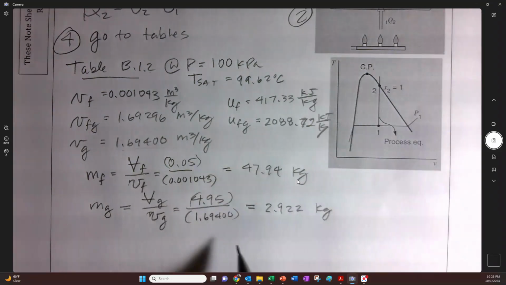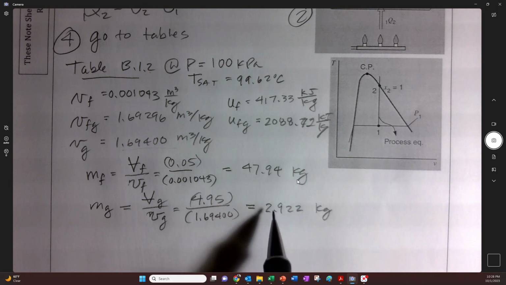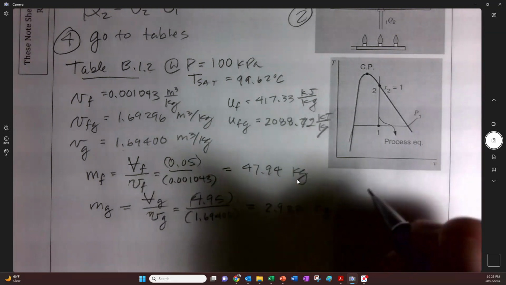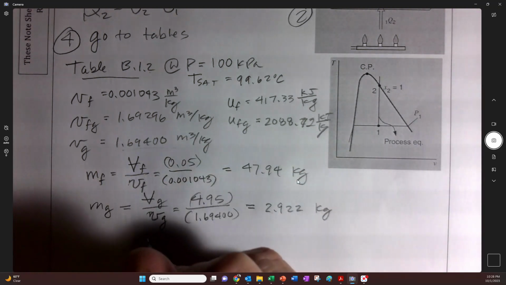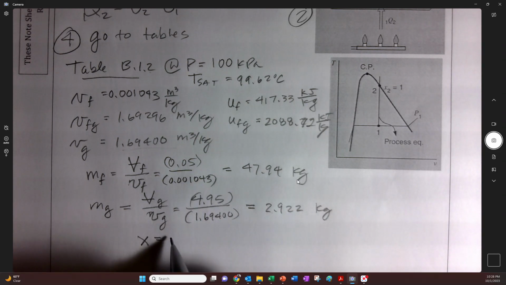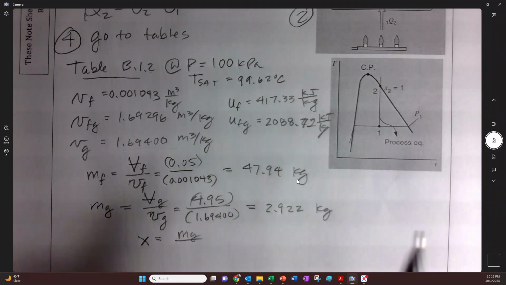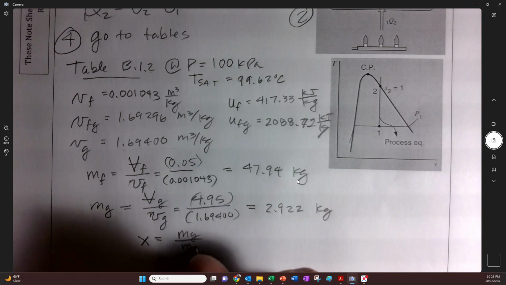From these two things, we can also get our quality. I'm going to leave enough room, and I'm worried I'll need another piece of paper after this. Quality is the mass of the gas divided by the total mass.